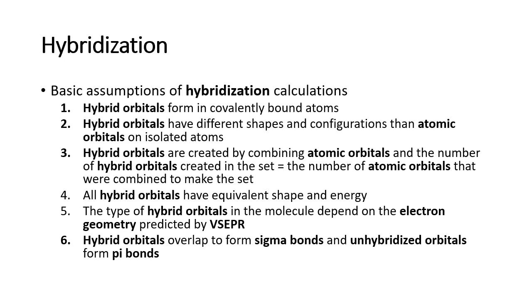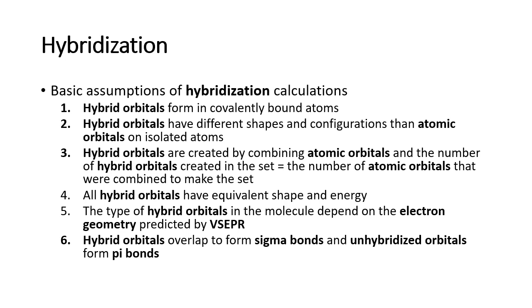Hybrid orbitals are created by combining atomic orbitals, and the number of hybrid orbitals created in the set of hybrid orbitals is equal to the number of atomic orbitals that were combined to make that set. All hybrid orbitals have equivalent shape and energy. The type of hybrid orbitals in the molecule depends on electron geometry predicted by VSEPR.